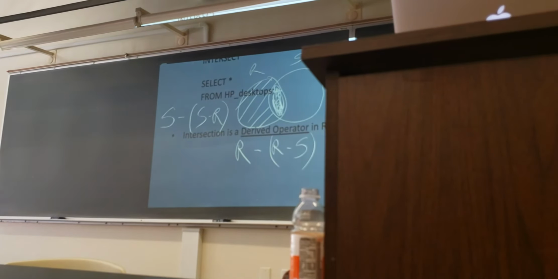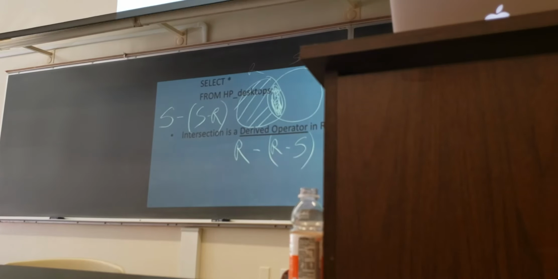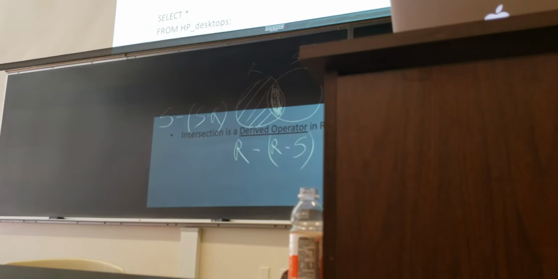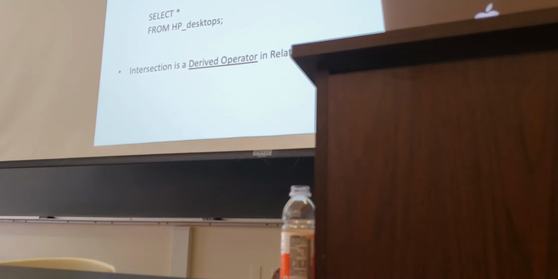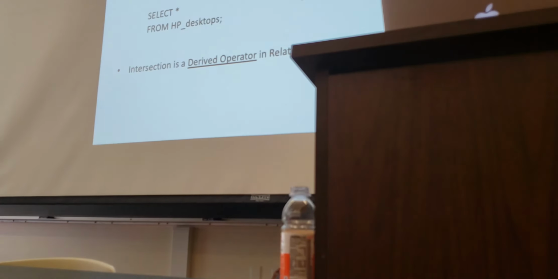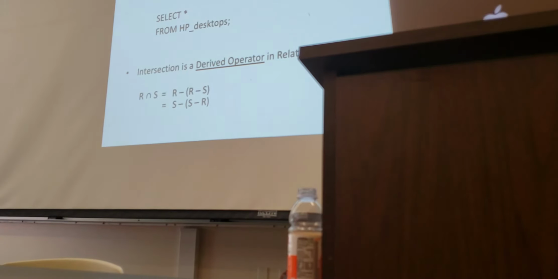That would also give me the intersection. So it's a derived operation in the sense that all I need is Codd's original 5, and there you go. And by the way, there you go, right there on the slide.